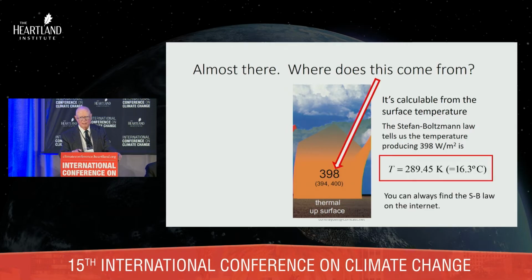You can always find the Stefan-Boltzmann law on the internet, but important rule, do not get yourselves wrapped around the axle about pretentious precision. In other words, you look at that 398 watts per square meter, maybe it's as low as 394, maybe it's as high as 400.